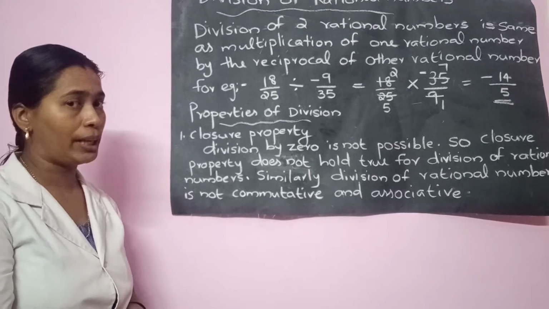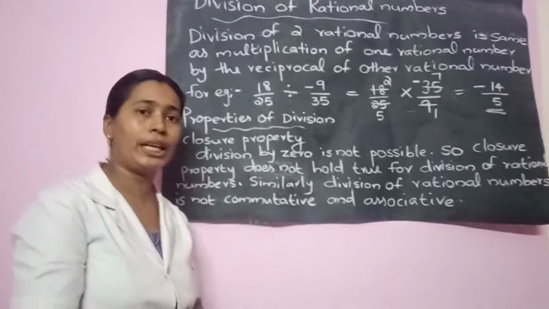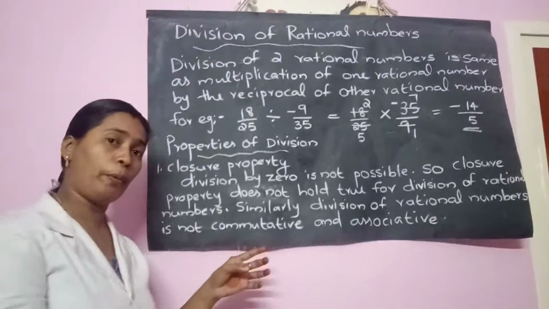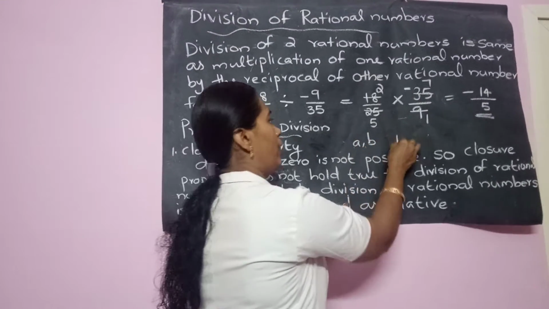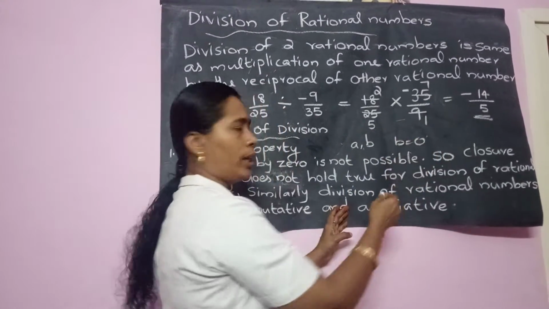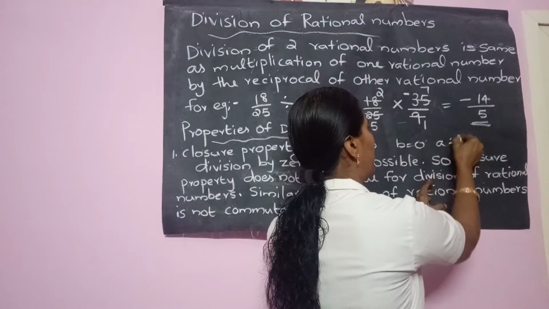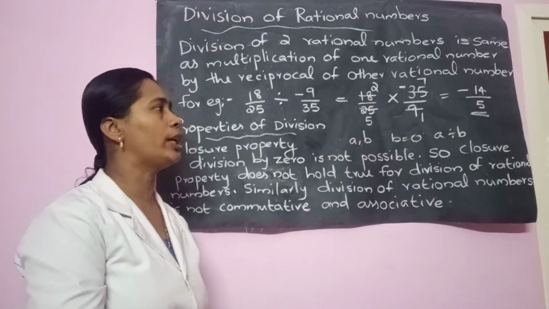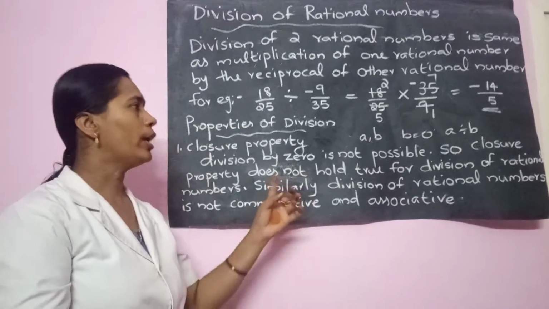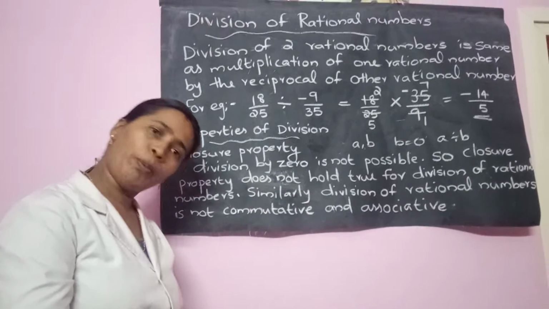When the second number is 0, division is not possible. Suppose when we are taking the numbers A and B, if B equals 0, then A divided by B is not possible, because division by 0 is not defined. So A divided by B is not possible for us.